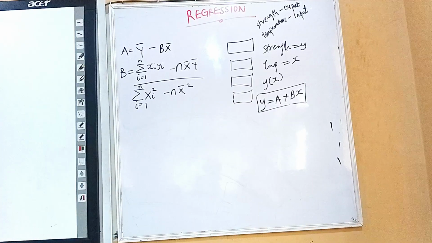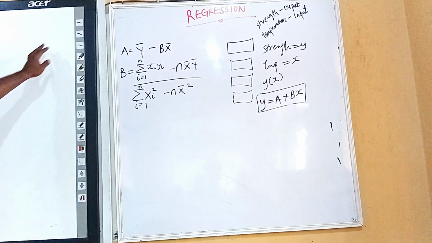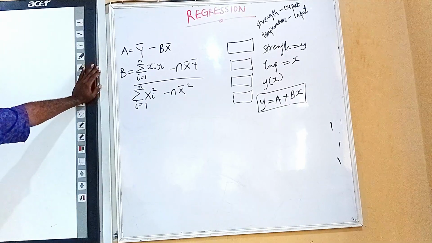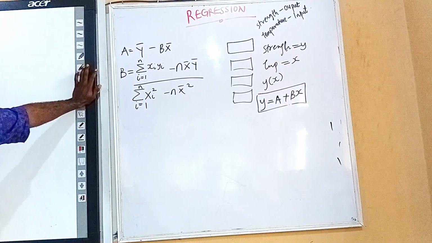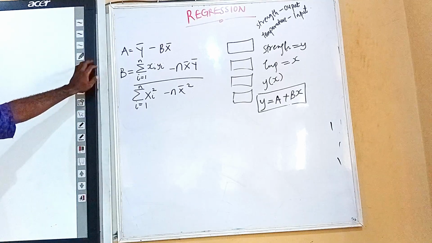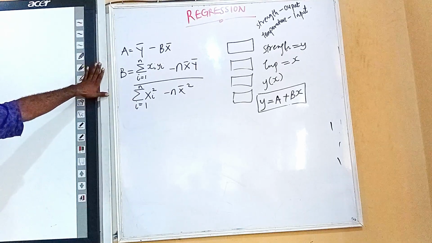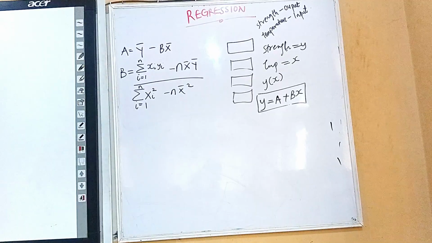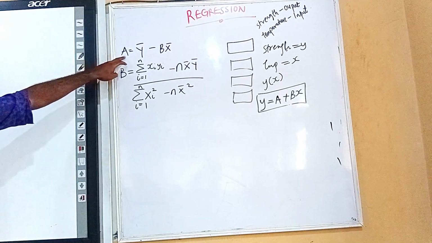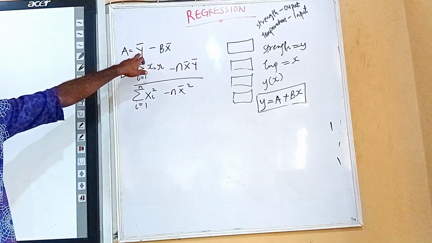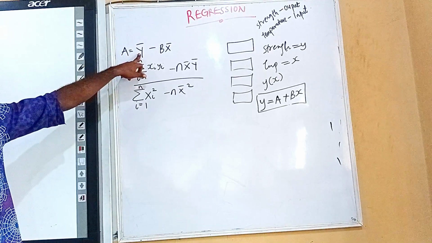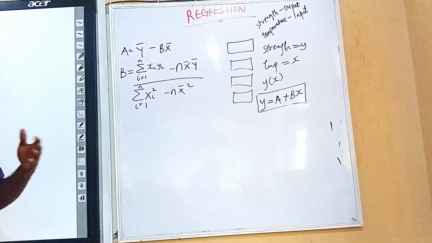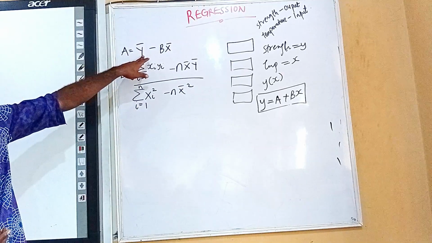So let me explain the formulas. So the first one is that A is equal to y bar. This is the mean. To find the mean of anything, you add all the values and divide by their number.